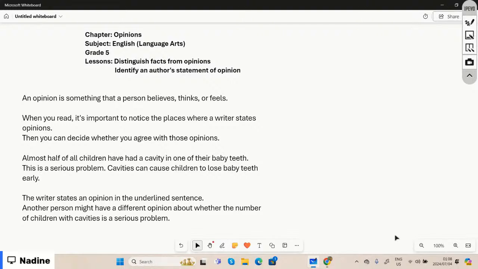And when you read, it's important to notice the places where a writer states opinions, right? Because there's a clear difference between something that is a fact and something that is an opinion.